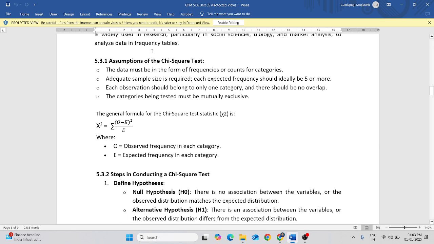The chi-square test statistic is given as chi-square equals the summation of (O minus E) whole squared by E. Here O is the observed frequency and E is the expected frequency.